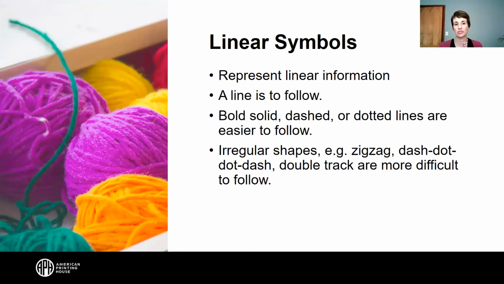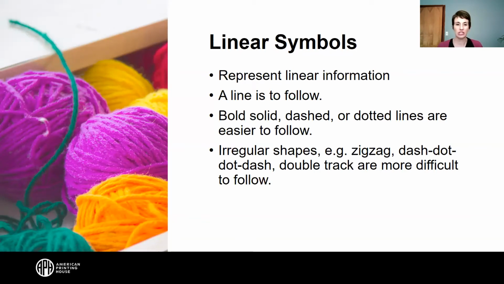Linear symbols represent linear information: rivers, routes, or outlines. A line is to follow. Bold solid, dashed, or dotted lines are easier to follow. Use the strongest line for what you want to highlight.